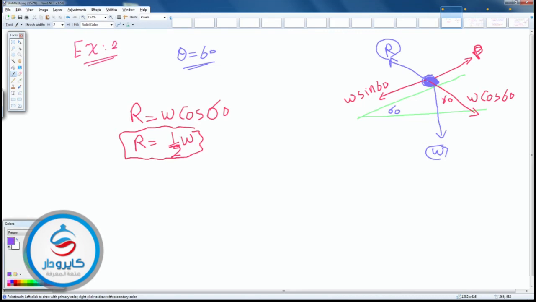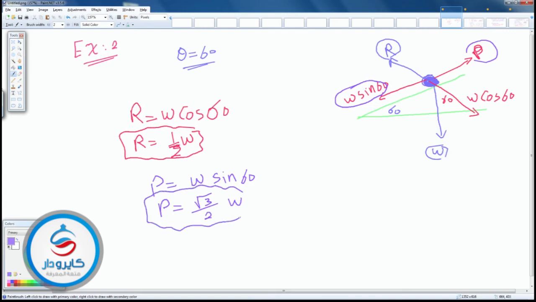Second, we write the second equation, along the incline: P equals W sine 60. That means P equals √3/2 W, and this is the friction force.